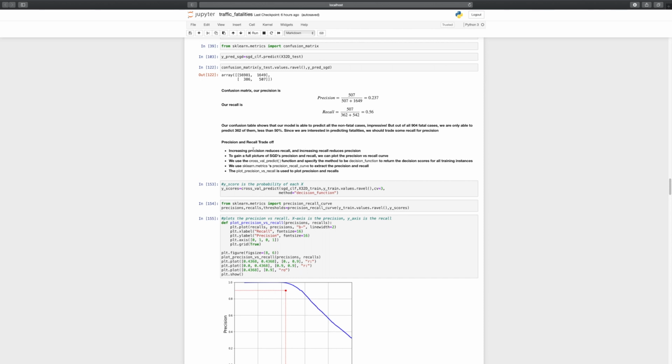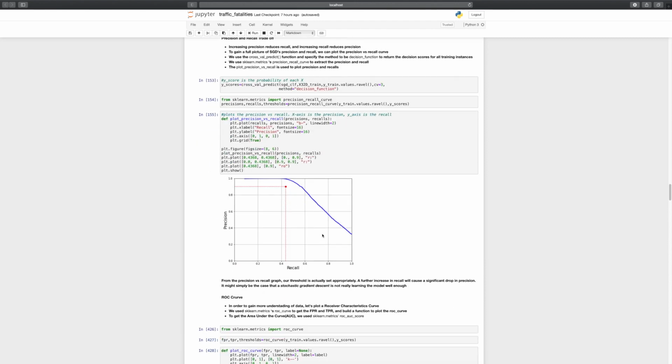So let's talk about precision and recall. What do I mean by the precision and recall trade-off? Increasing the precision reduces recall, and increasing recall reduces precision. As we see from the recall versus precision plot here, as the precision starts to increase, the recall will generally start to decrease.